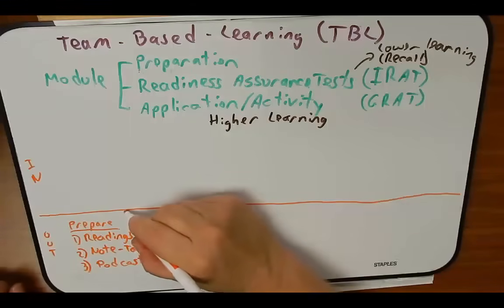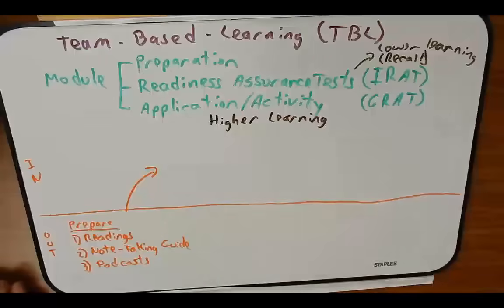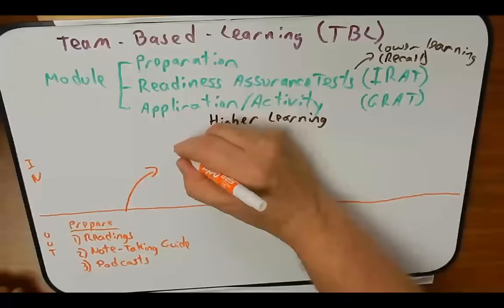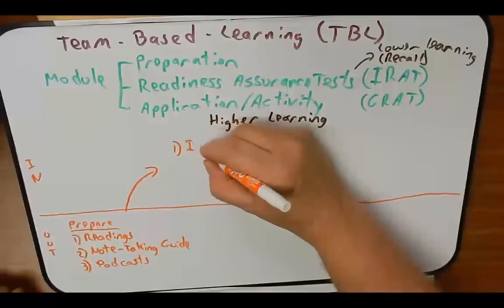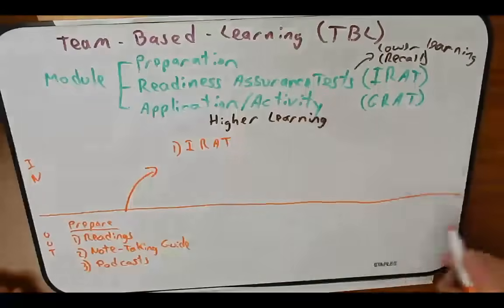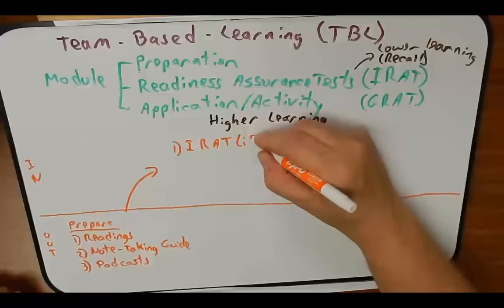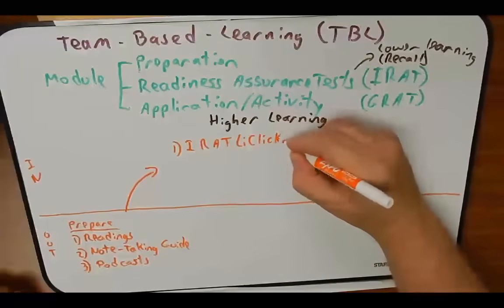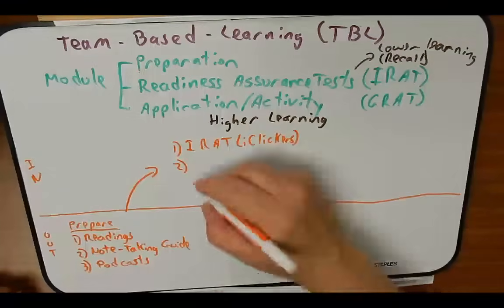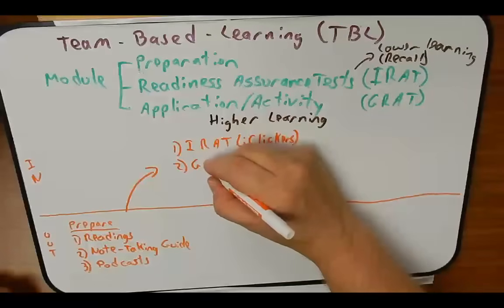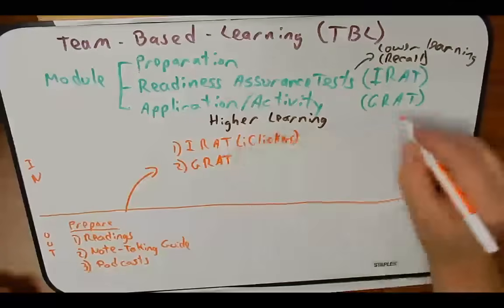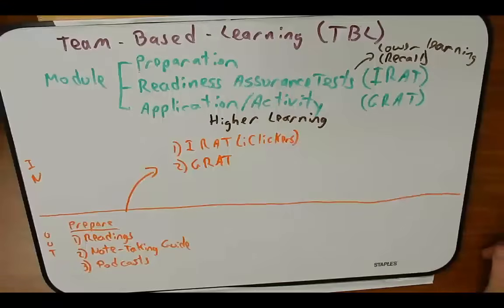Now, coming to class the next day, this is what we're going to do inside of class. Every day, you'll come in and take an IRAT, these individual readiness assurance tests. For this, you will use your iClickers, so make sure you bring those to class. The next thing you will do is take a GRAT, these group readiness assurance tests.